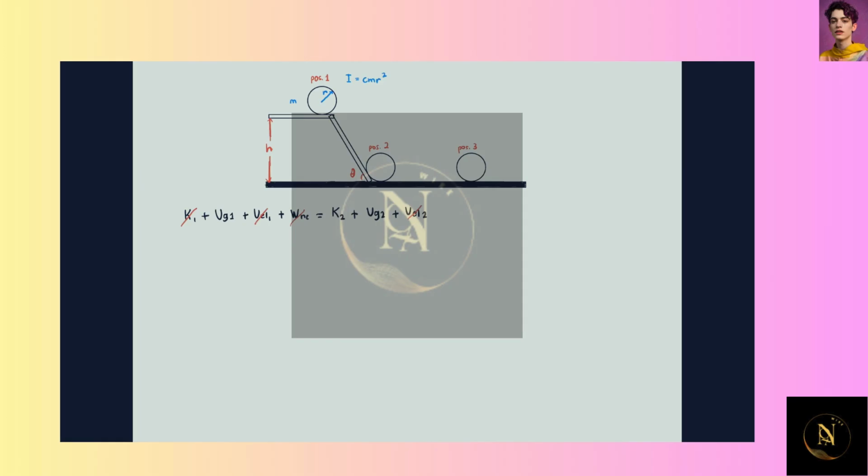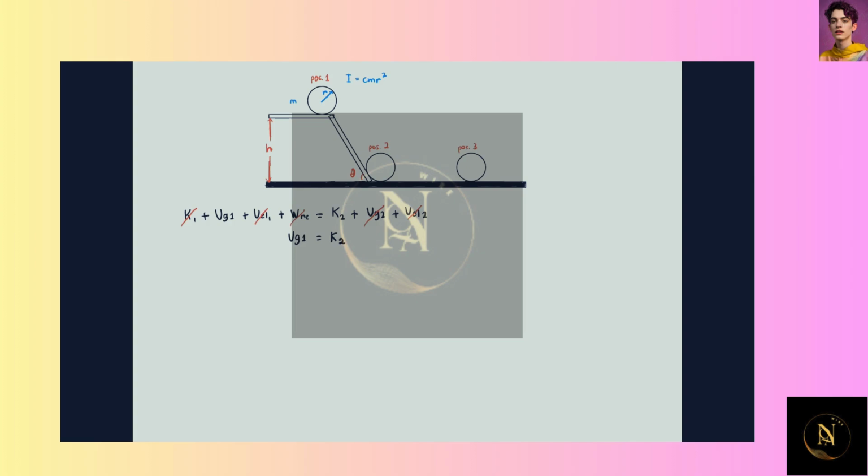For the final state, the gravitational potential energy is 0. Hence, we're left with the initial gravitational potential energy equals the final kinetic energy.